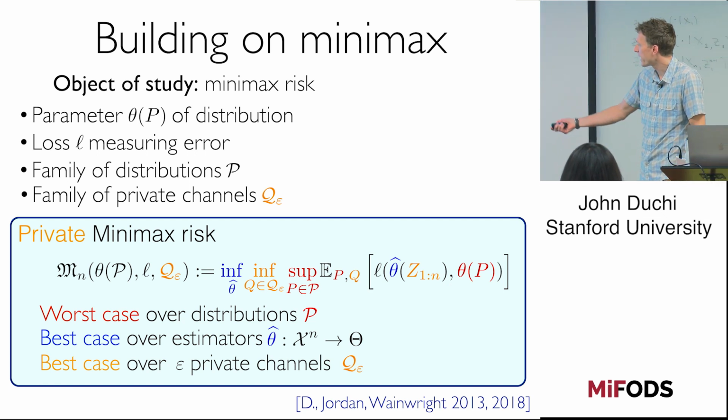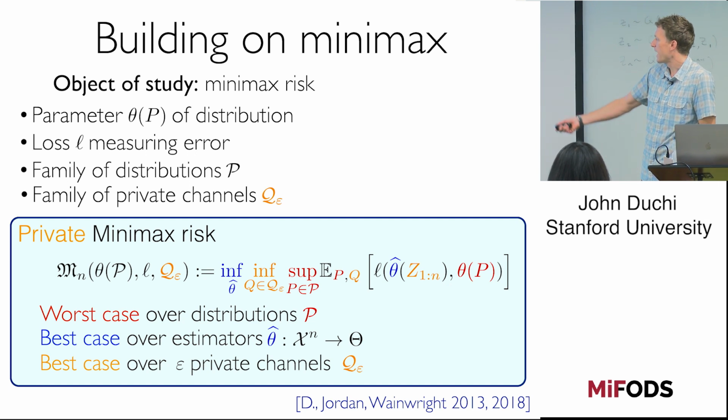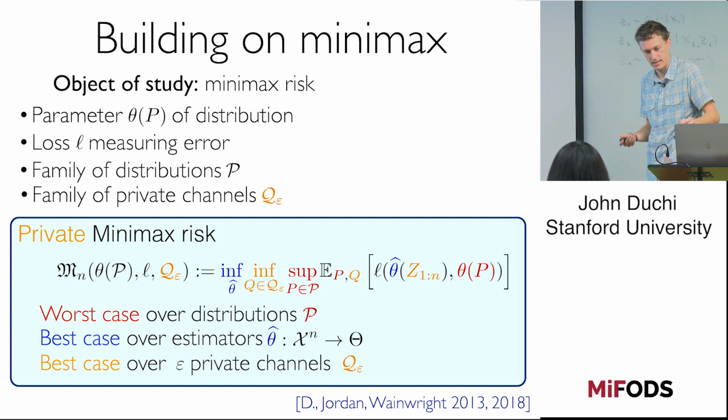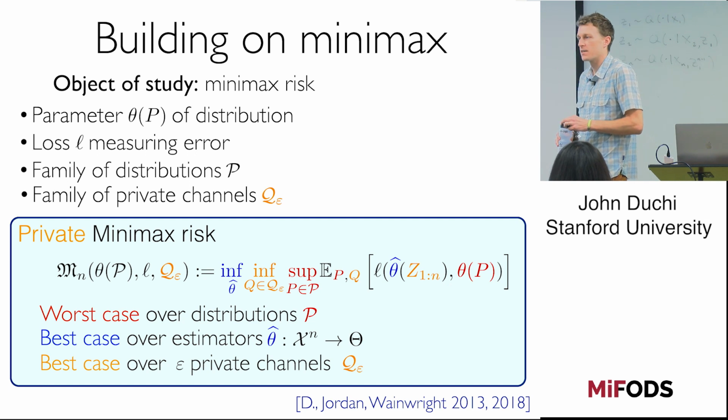So we started with minimax. We introduced a family of channels. And we look at the private minimax risk. So worst case distribution, then best case estimator, and best case private channel. So that's one way of deciding this is an optimal set of estimators.